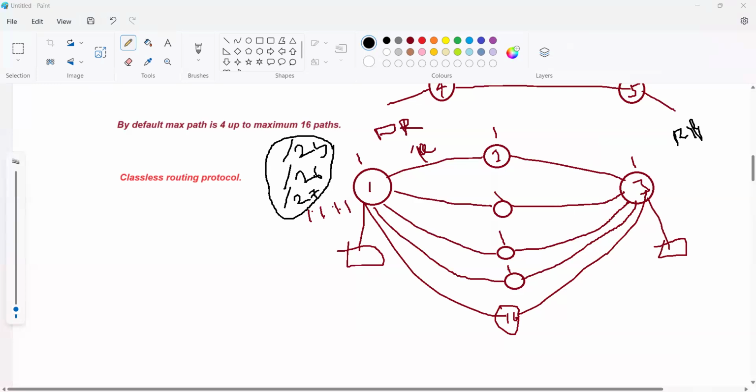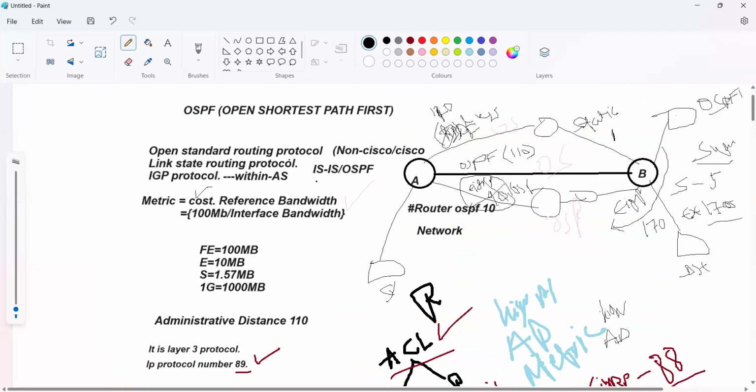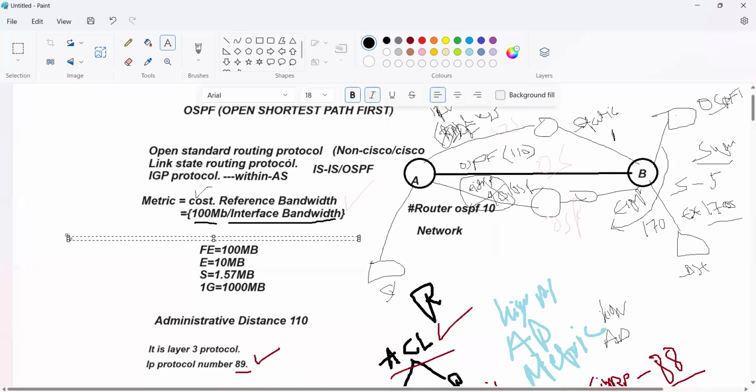It uses the shortest path algorithm. And as we discussed just before, the metric value is cost, where cost is reference bandwidth divided by interface bandwidth, with the reference bandwidth equal to 100 Mbps. So it works based on this formula and this algorithm.